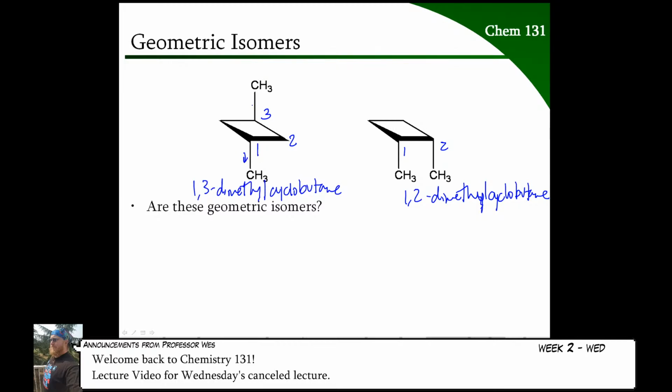So this one's pointing down and this one's pointing up. So these are trans. This one's pointing down and this one's pointing down. So these are cis. So we've got these are different, but this is also different. So these are not geometric isomers. These are constitutional isomers. They have a different structure completely.